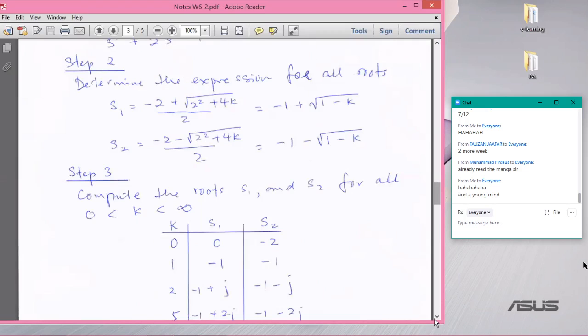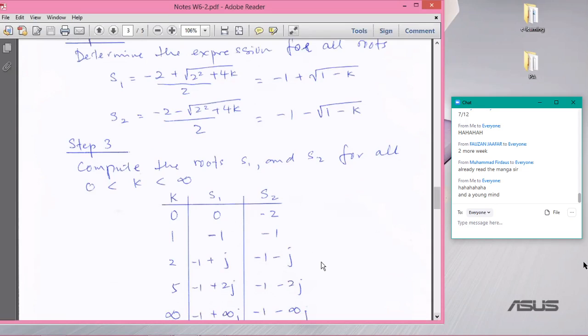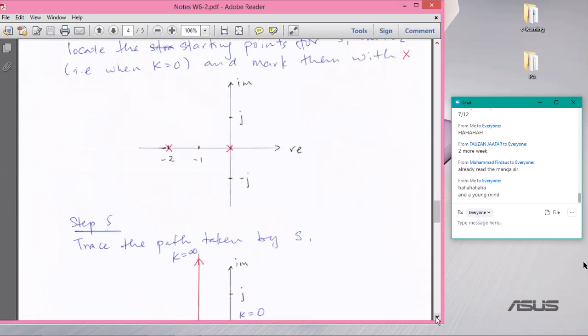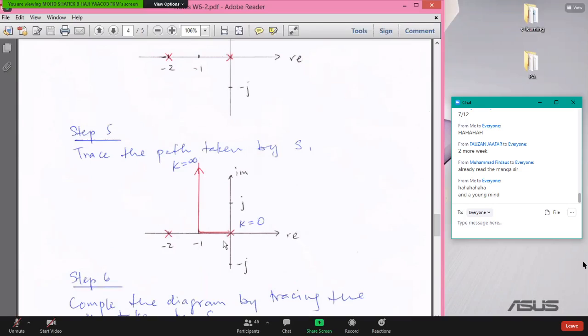From k equal to 0 to 1, the roots are still real: 0, negative 0.5, negative 1. When k is greater than 1, the roots become complex. So you trace that out up to infinity. So there is the path taken by the first root.